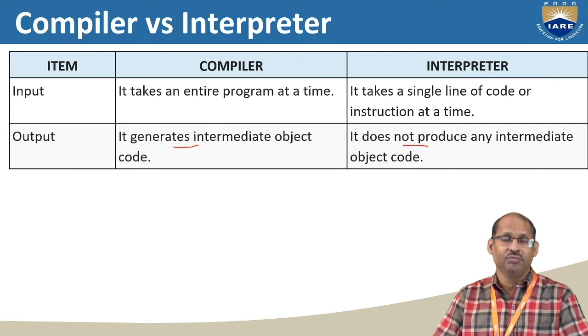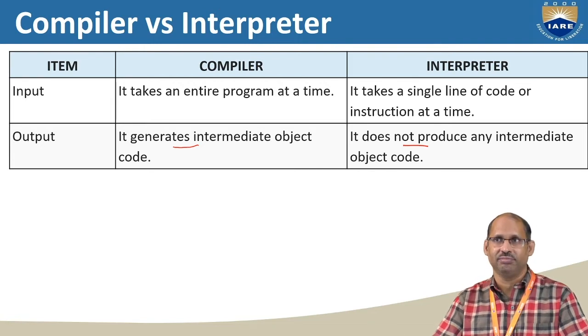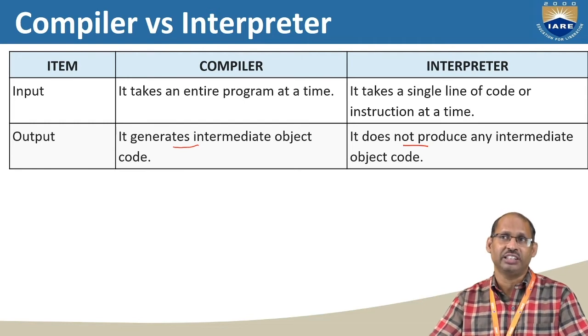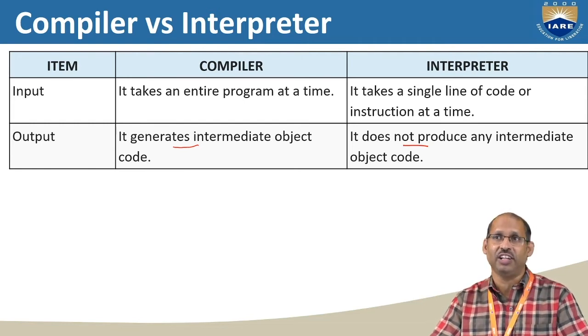The first one, the compiler takes the entire program and performs the conversion of the complete program. But the interpreter takes each line, analyzes the instruction and executes the instruction. It doesn't know what the next line of instructions or next code is.